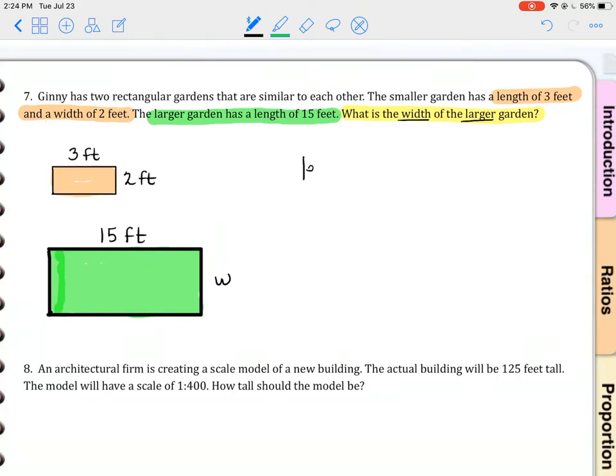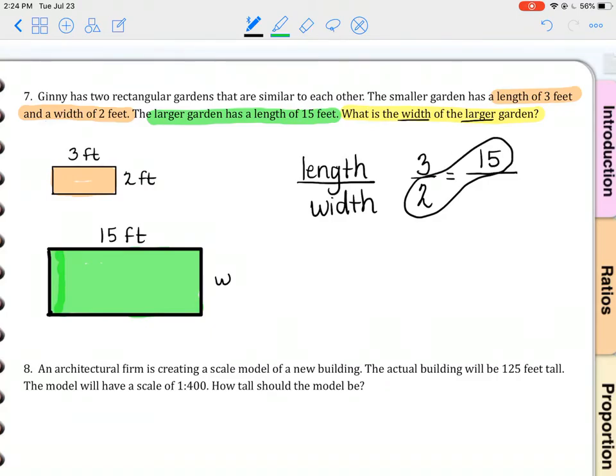We can set up a proportion of length to width. And first I'm going to take baby. So baby is a 3 by 2. And then mama, remember the corresponding side to the 3, the length, is the 15.